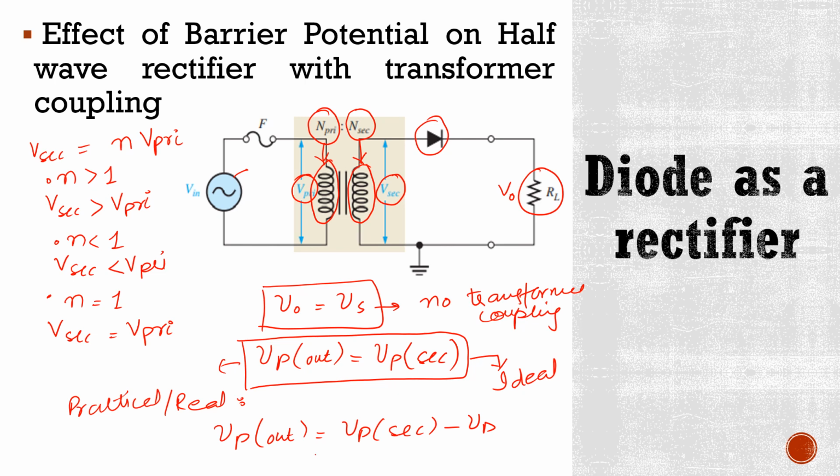This Vd is 0.7 in case of a silicon diode, and if the diode is germanium, then the equation will be Vp sec minus 0.3 volts. Okay, so this is the effect of barrier potential on a transformer coupled half-wave rectifier.